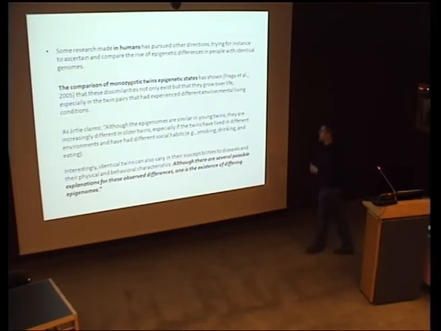Interestingly, identical twins can also vary in their susceptibilities to disease and their physical and behavioral characteristics. Of course, Jirtle notes that although there are several possible explanations for these observed differences, this is not the only possible explanation. One is, in fact, the existence of differing epigenomes.